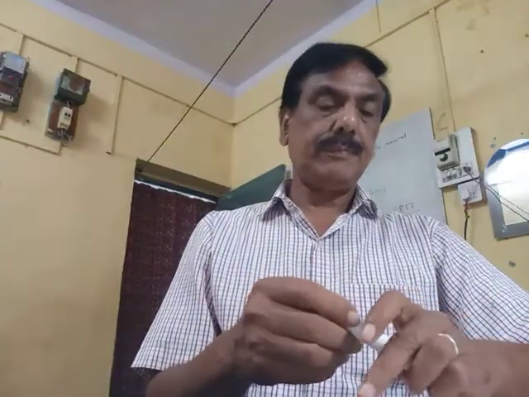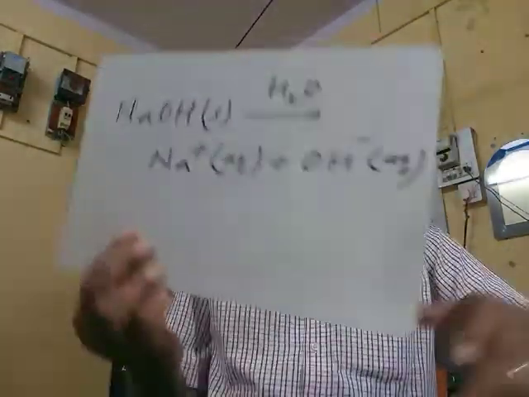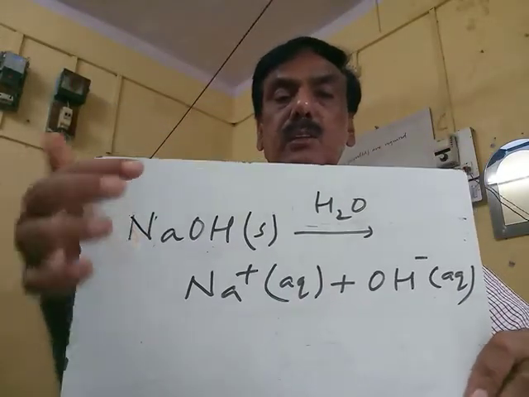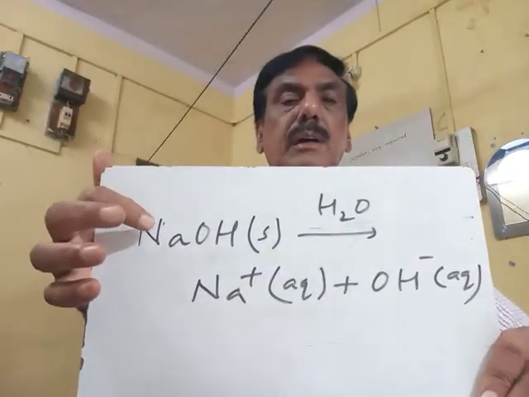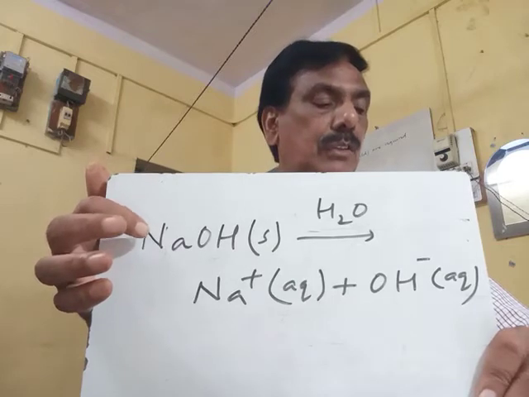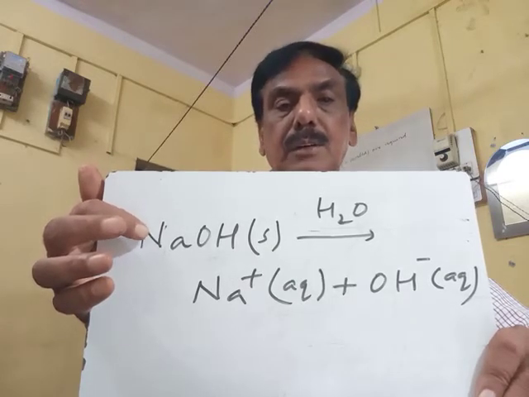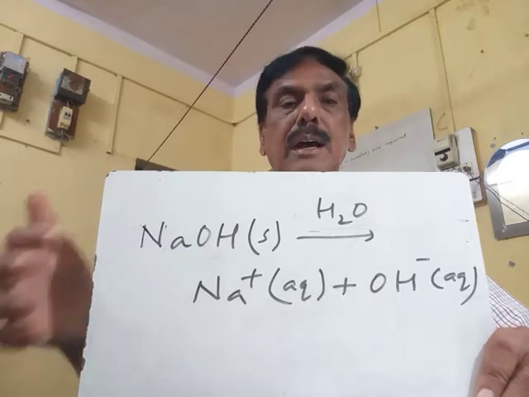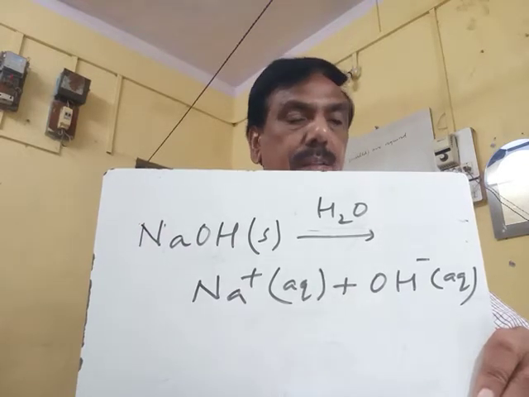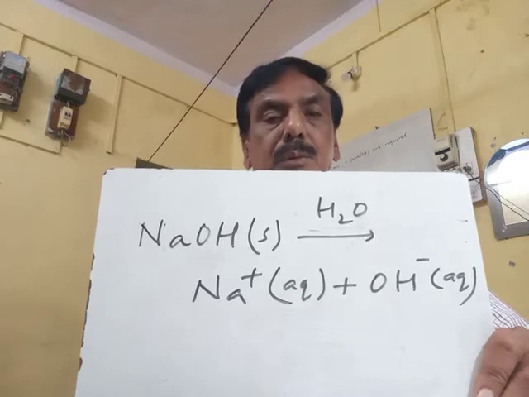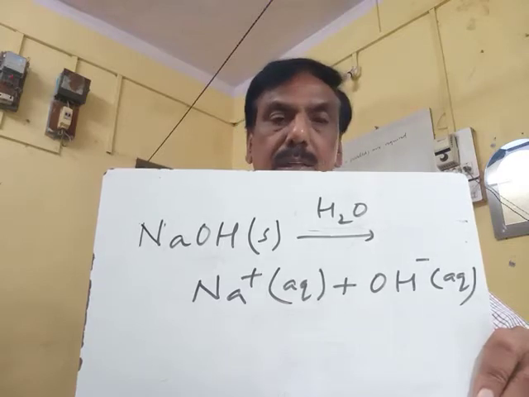You can see here now water, it is water. This is sodium hydroxide. It is solid form, and when sodium hydroxide is added to water, it forms sodium ion and hydroxide ion.